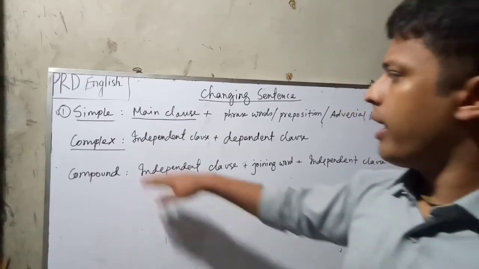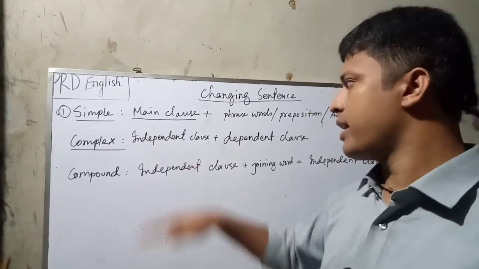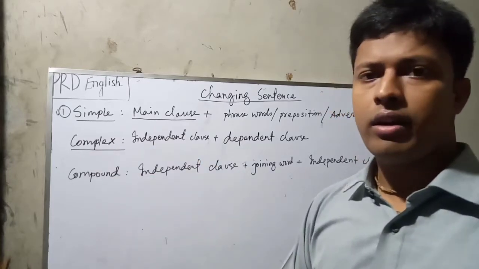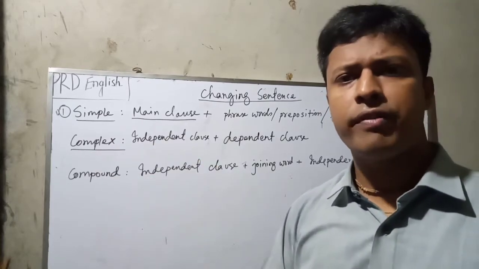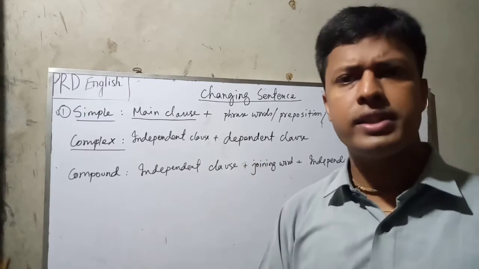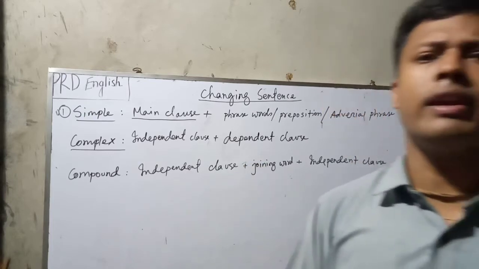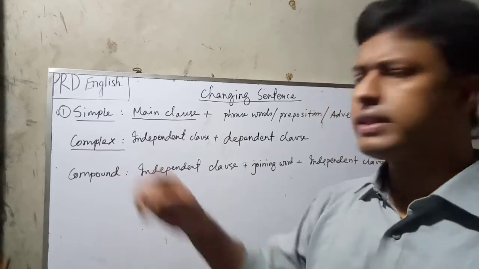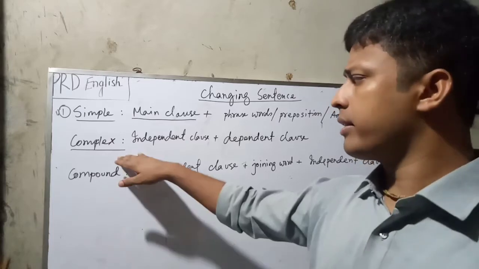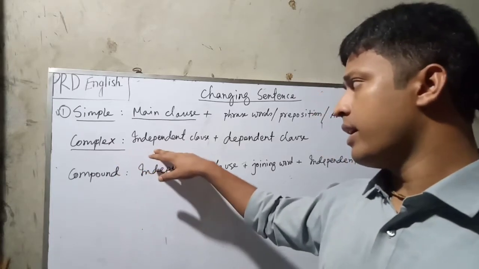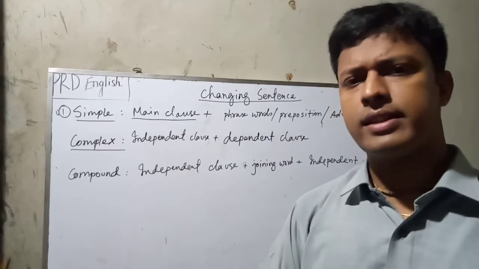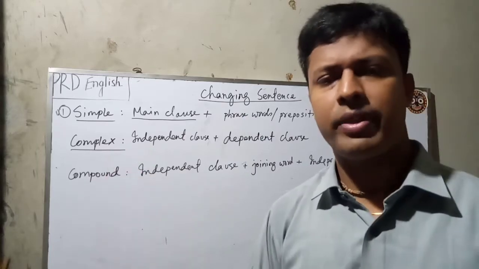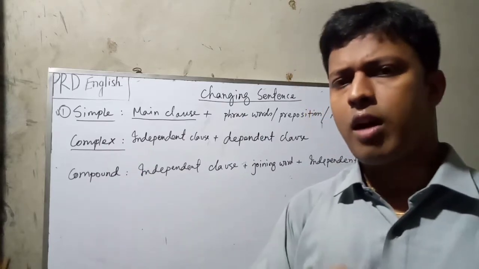Now, how do you understand a complex sentence, and what is a complex sentence? How do you find it, and how can you understand that this sentence is complex? The sentence has two clauses. Now I'm going to tell you about the complex sentence.